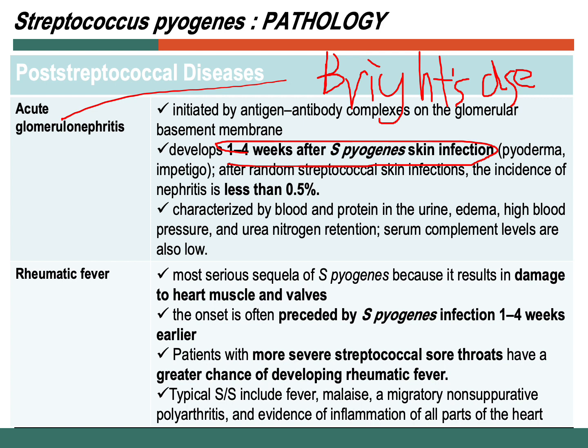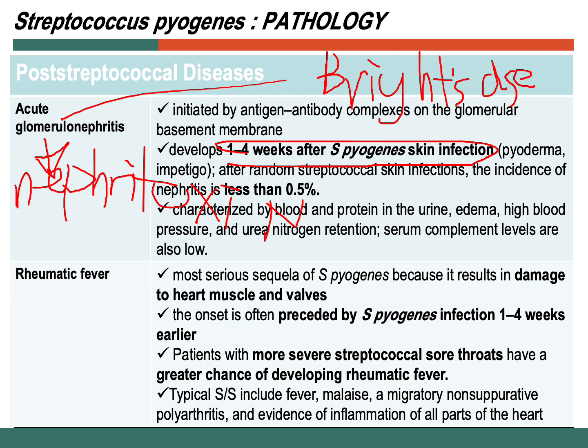These are characterized by blood and protein in the urine, edema, high blood pressure, urea nitrogen retention, and low serum complement levels. Your high blood pressure is obviously a result of lack of filtration. Acute glomerulonephritis is caused by Streptococcus pyogenes because it produces nephrotoxin.